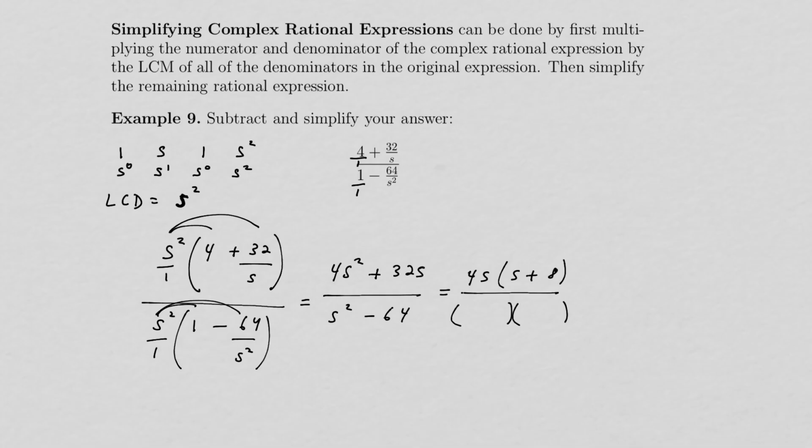So it's going to factor into s plus 8 times s minus 8. The s plus 8's cancel. And then for my final answer, I'm going to get 4s over s minus 8. So that would be the simplification of that original complex expression.